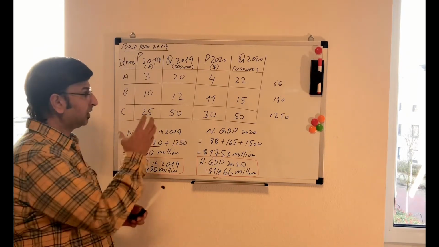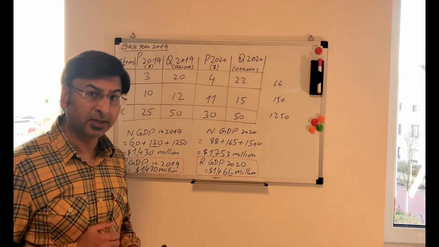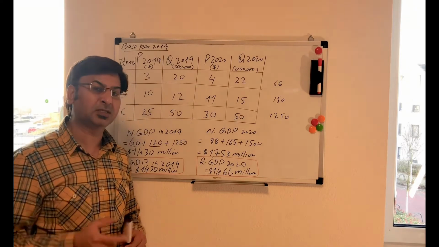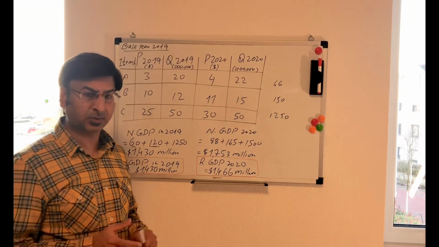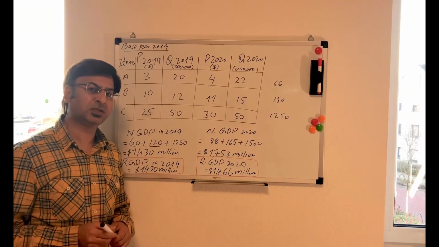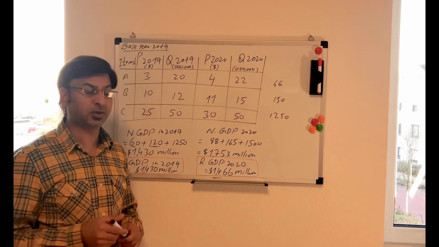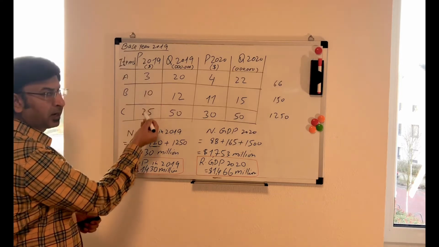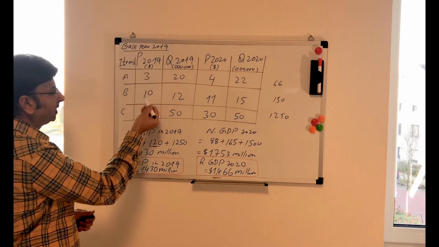But before I tell you how we calculate real GDP, you need to know that real GDP is calculated at the constant price and nominal GDP is calculated at the current price. As you can see in this table, these are the current prices for 2019: 3, 10, 25.